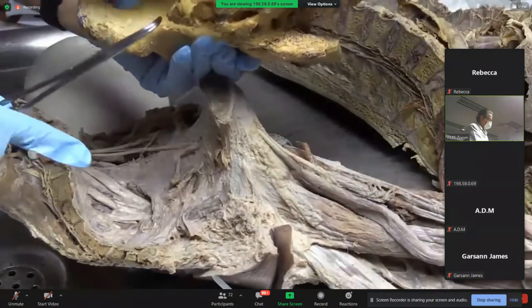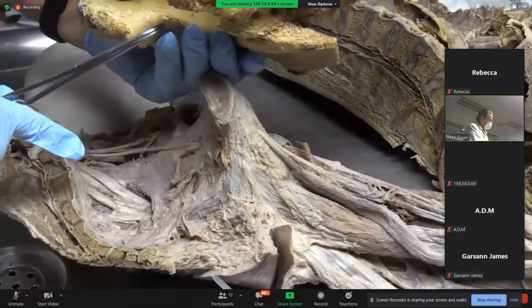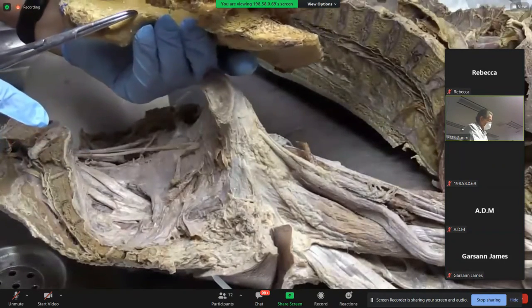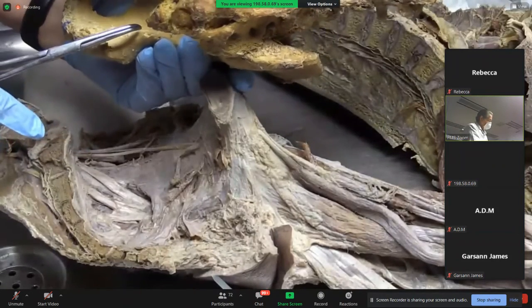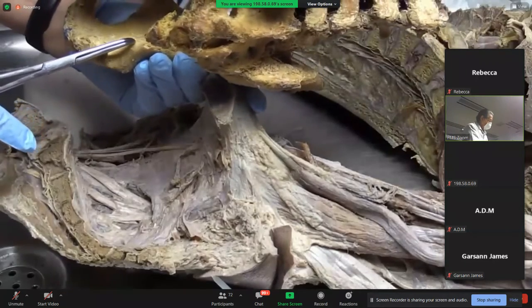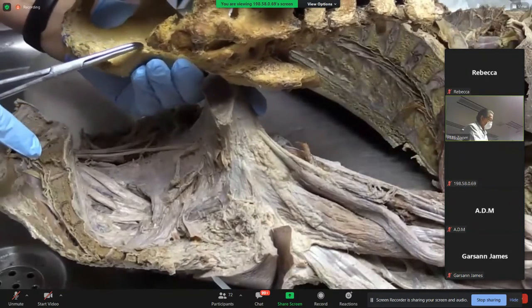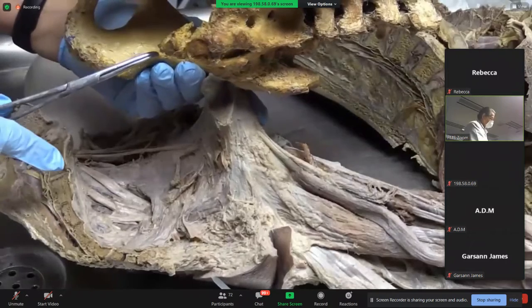This is the ischial spine. I'm sorry about that, the ischial spine.